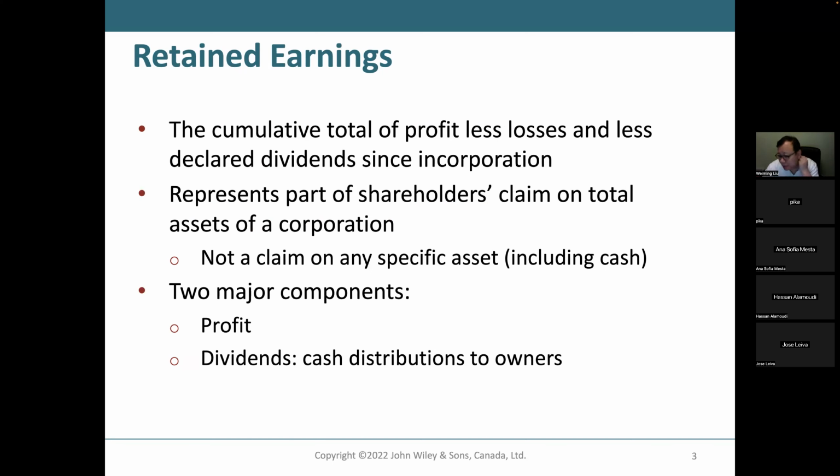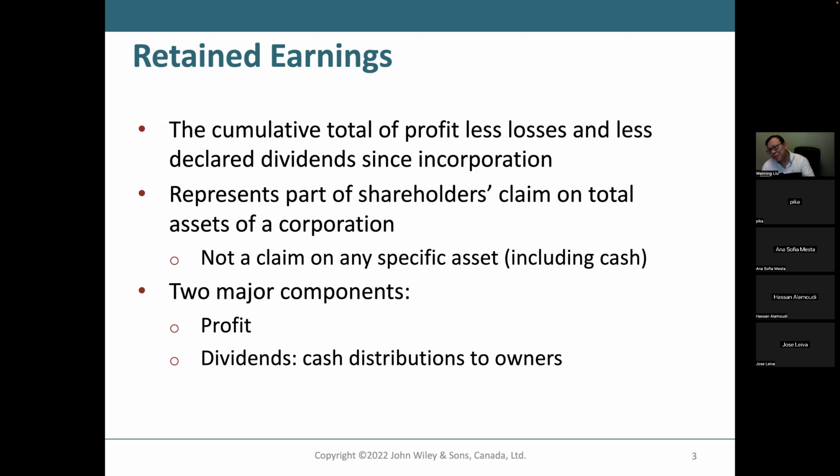Okay, it represents part of shareholders' claim on the total assets of a corporation. So your total assets of the corporation could be $2 million, but your retained earnings may be only $400,000, right? The remaining is probably liability, right?